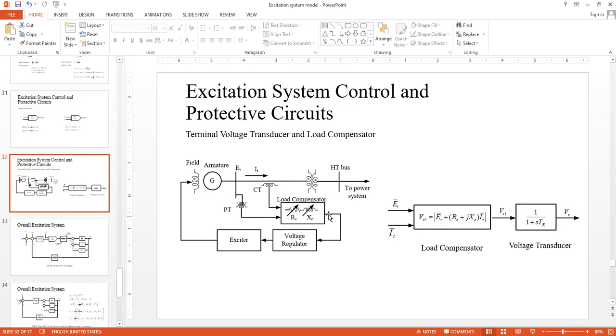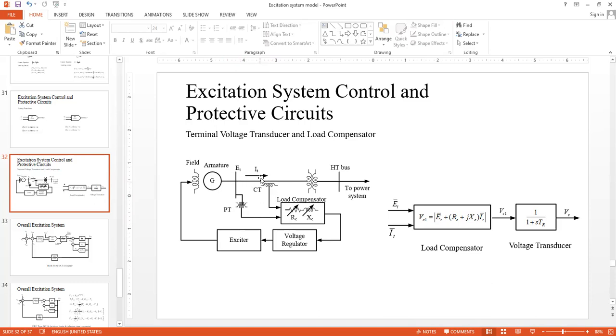To calculate the output of the load compensator, we can simply sample the terminal voltage with the help of the potential transformer. This is one input to the load compensator, and another input can be detected with the help of the current transformer, that is the terminal output current from the synchronous generator.